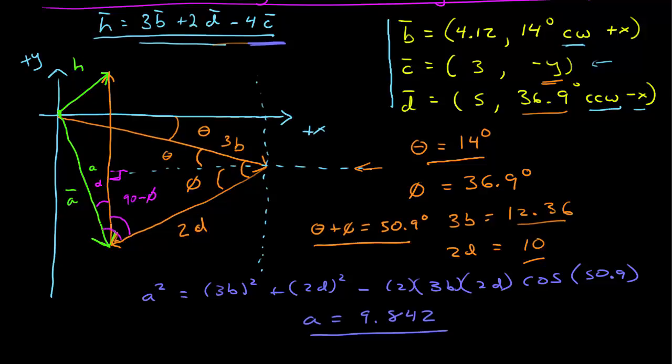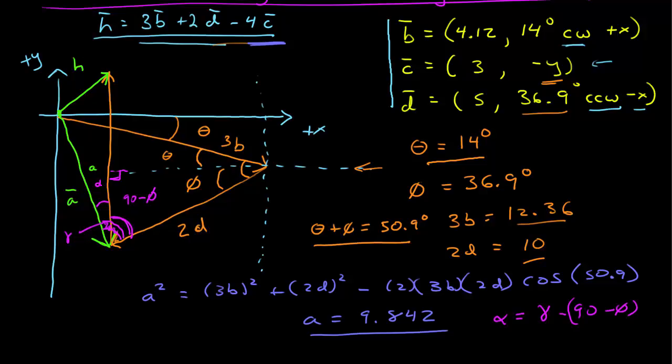If I knew this total angle in here, which I'll call gamma, alpha is going to be equal to gamma, that total angle, minus this interior angle, which is 90 minus phi.